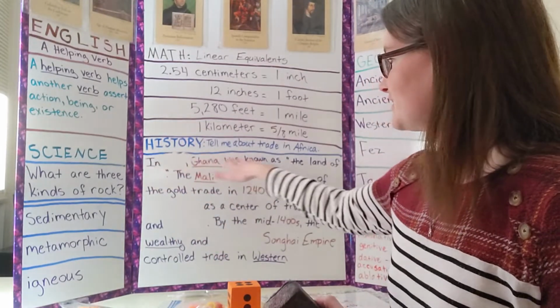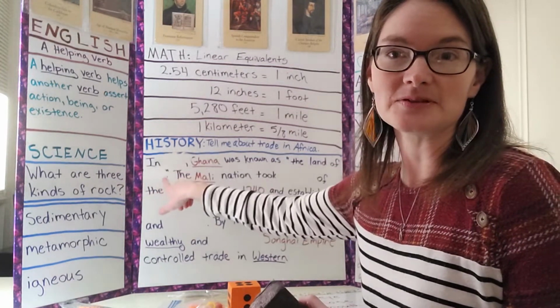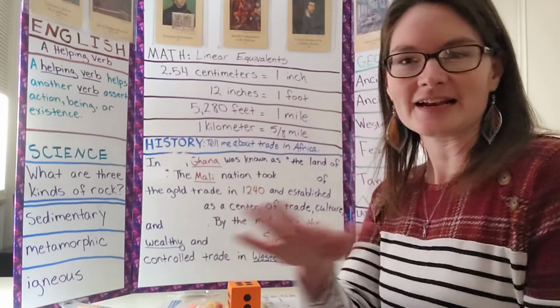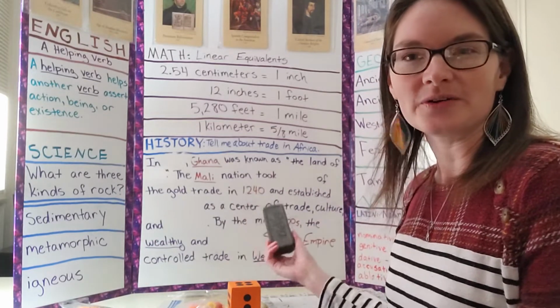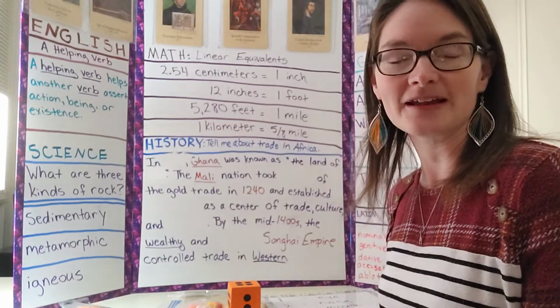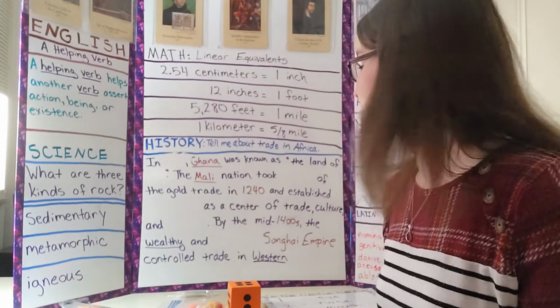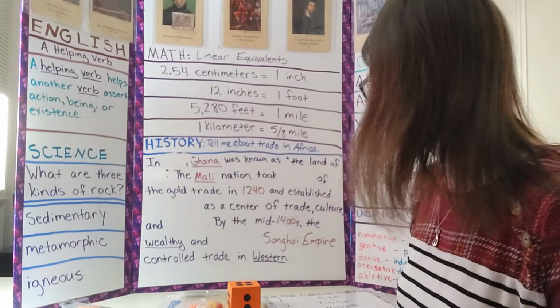Like in 700, Ghana was known as the land of, and then I would pause the music and they would say gold. Each time we listened, I erased another word or two, and I'd pause the music right before that word. They picked up a lot of words that way. I like that for this long of a sentence.